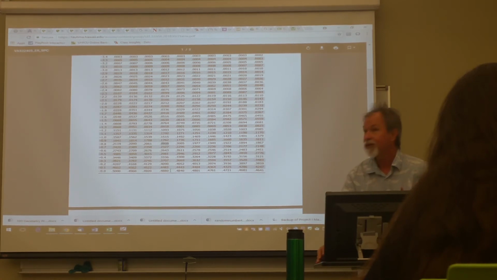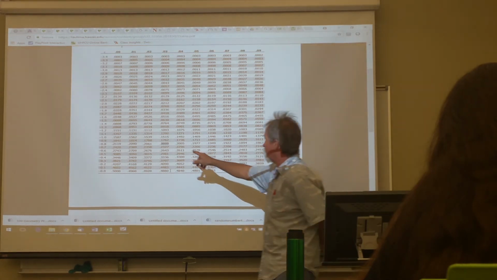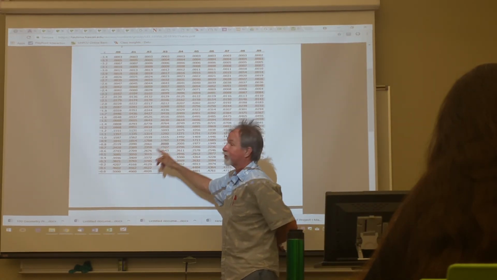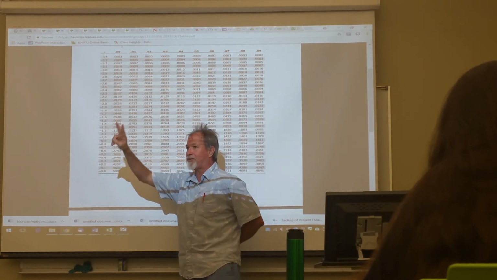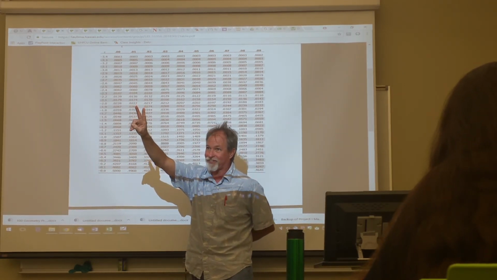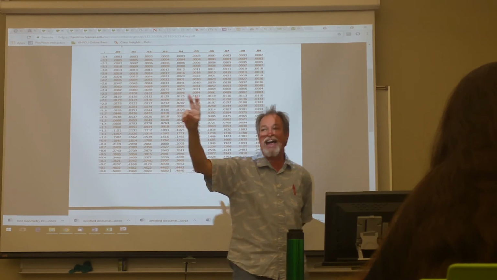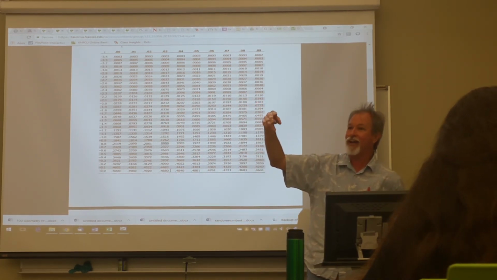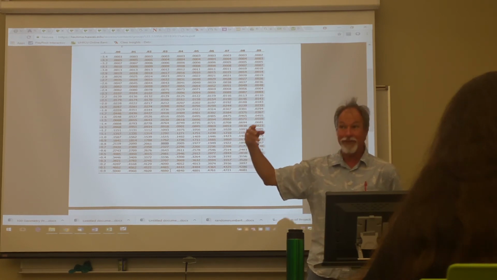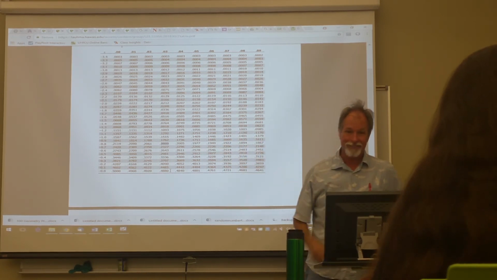Where is that? 0.2033. See, my z values on my z table only go 2 decimal places, so I have to round to 2 decimal places on this z table. If I had a more accurate z table, we would use more accurate values.